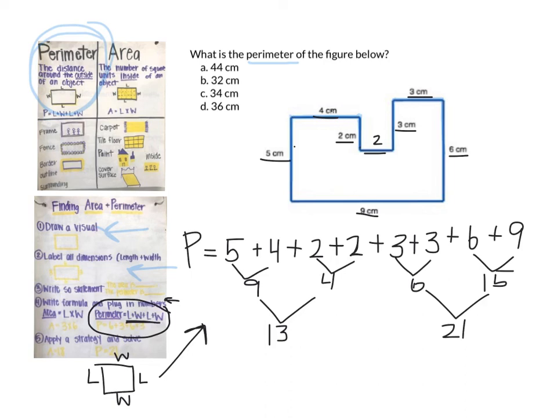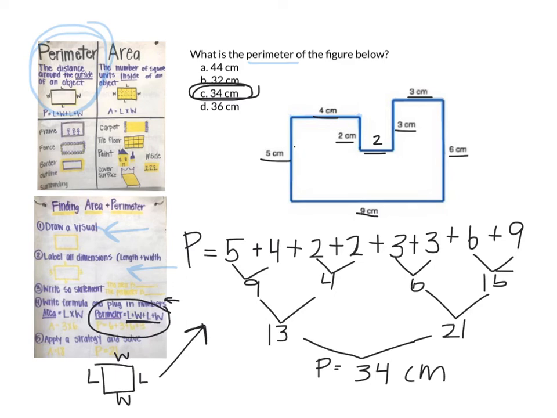And 13 plus 21 is 34. So our total perimeter is 34 centimeters. Our correct answer choice is C.